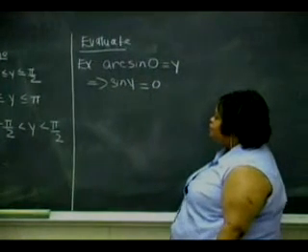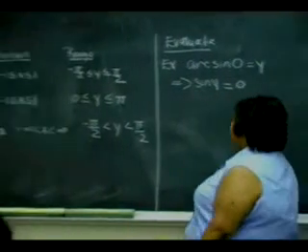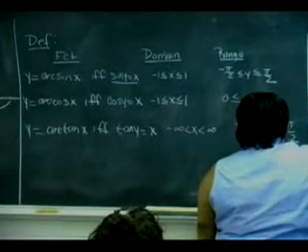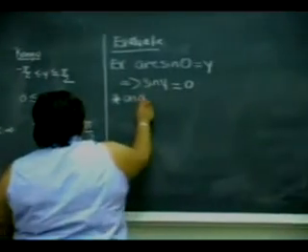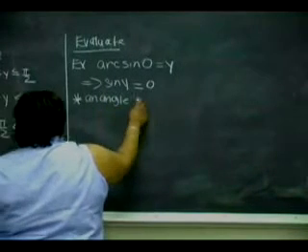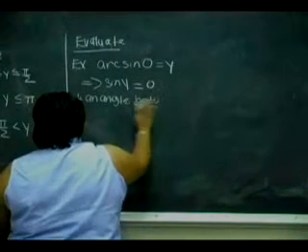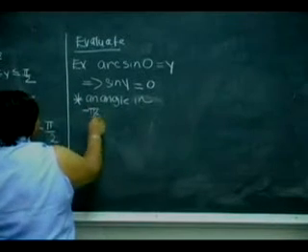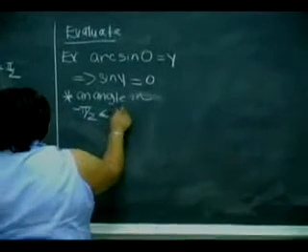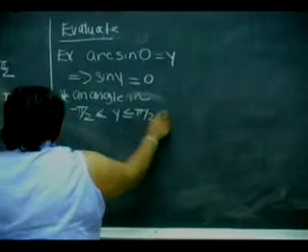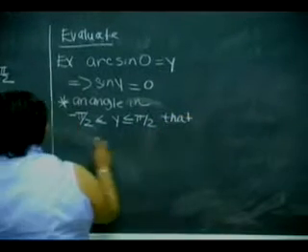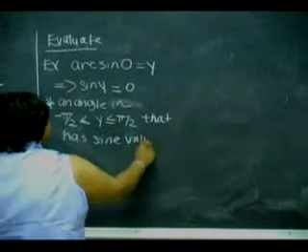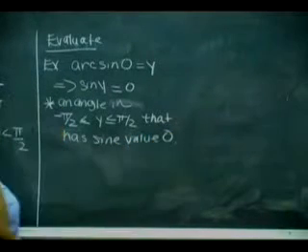What this means, and this is what we should think to ourselves, is I need an angle in this range from negative pi over 2 to pi over 2 that has sine value 0.